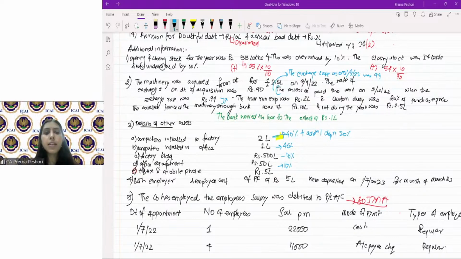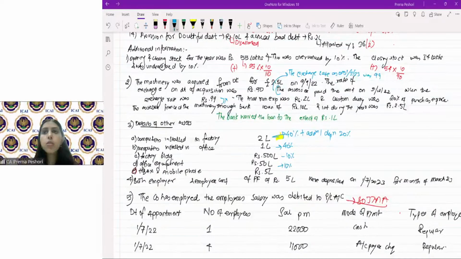What will be the eligible rate? 10%. What will be the rate? No, no.